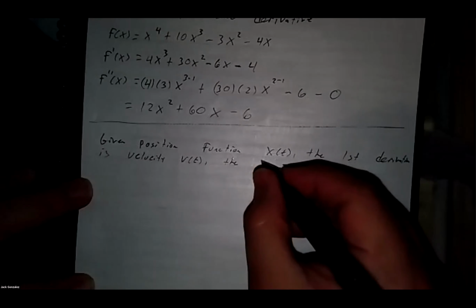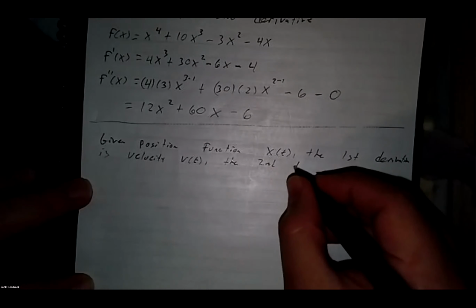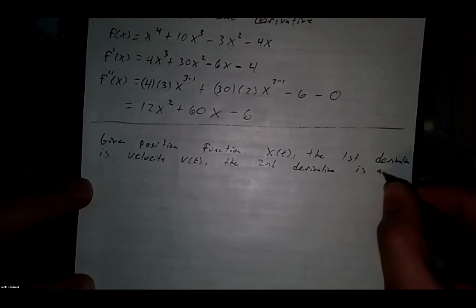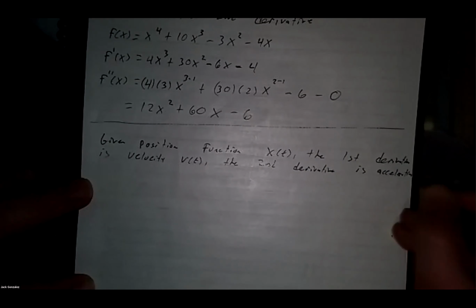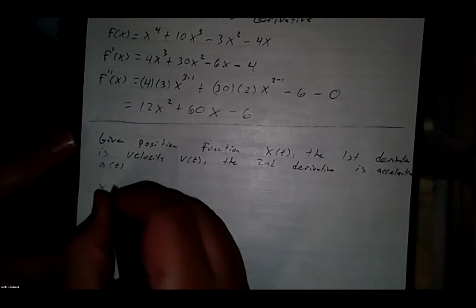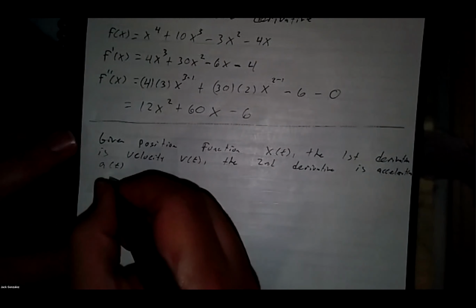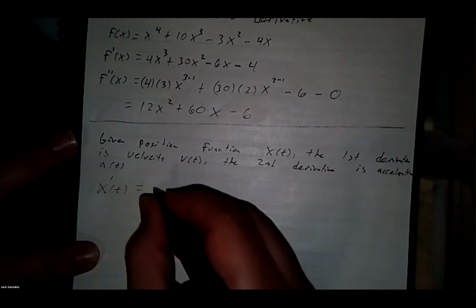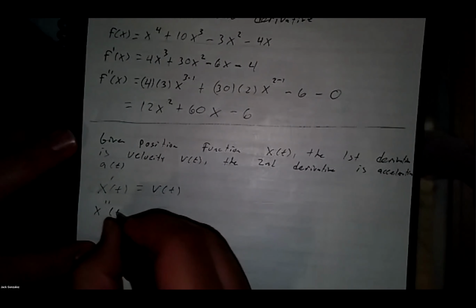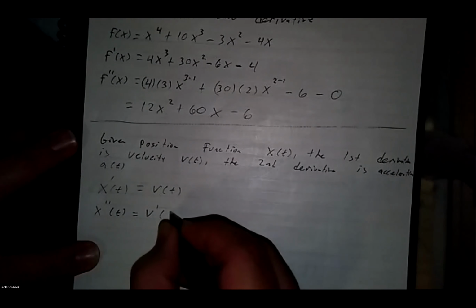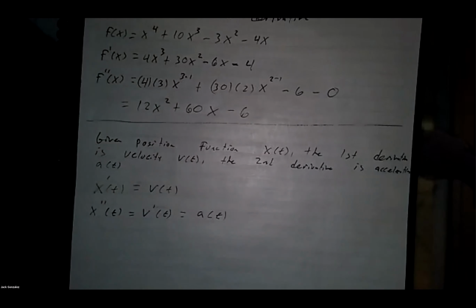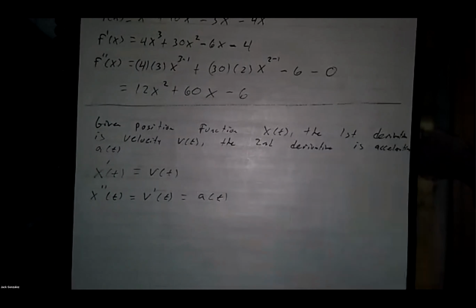The second derivative is acceleration, a of t. So just to keep it in math notation, the derivative of position is velocity, and the double derivative of position would be the first derivative of velocity, which would be the function of acceleration. These are t's, by the way.